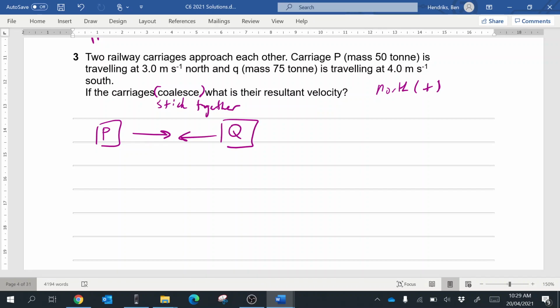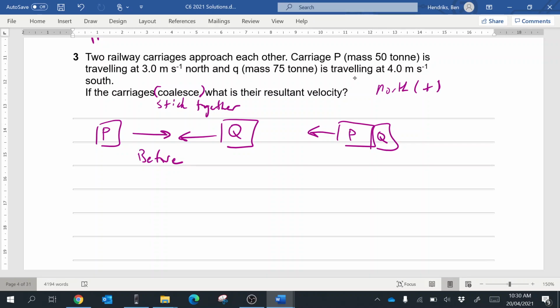This is before, and then afterwards, P and Q stick together and they go off in some direction, and I'm going to predict it's going to end up being in a southwards direction.